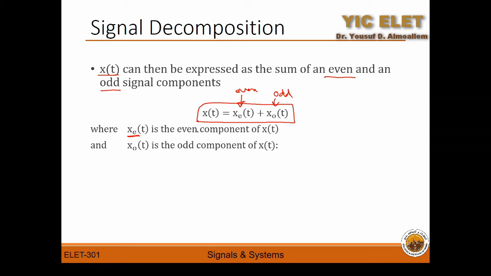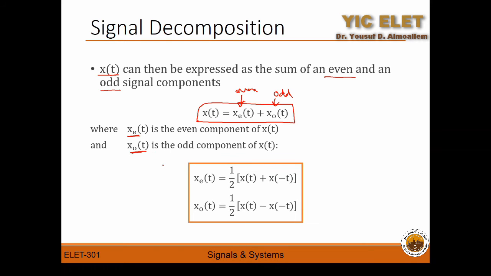This is the even component, and this is the odd component of x. To be able to calculate these two components, we can use these expressions. If we want to find the even part of x of t, we find x of t and add to it x of minus t, and after summing both signals together, we multiply by half.